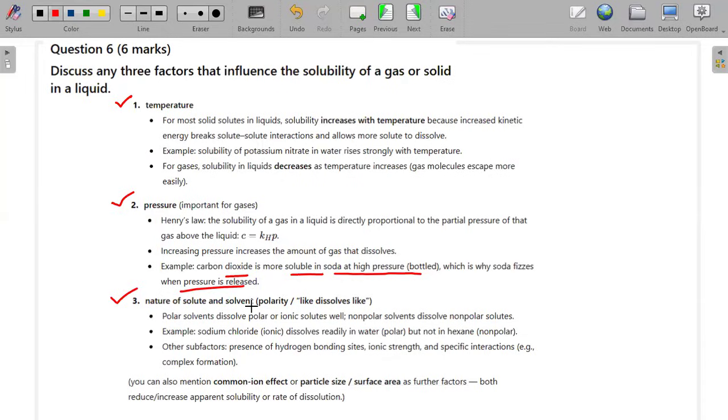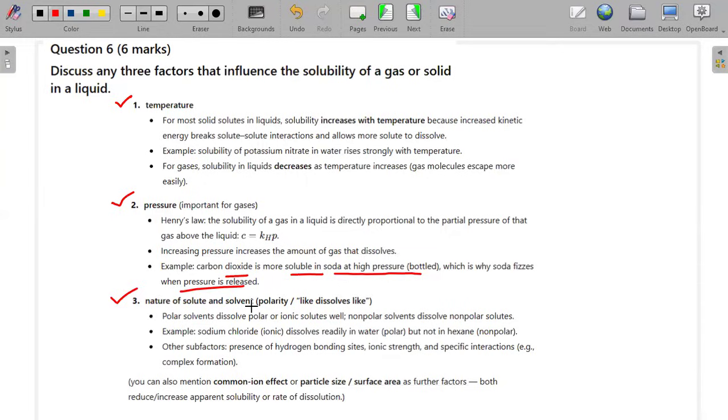So if you put it in water, it's going to dissolve very fast because water is a polar solvent. But when you put it in a solvent like hexane or even ethanol, the solubility is going to decrease because those solvents are non-polar.